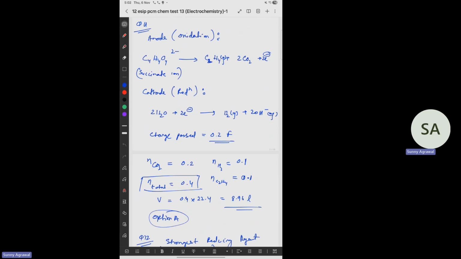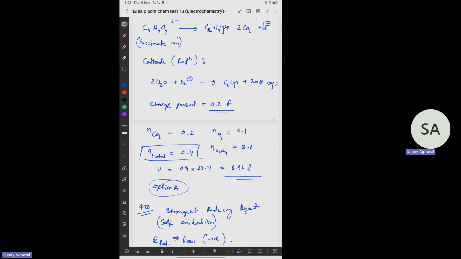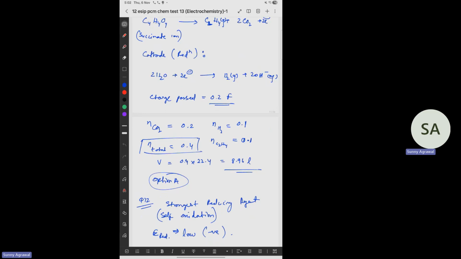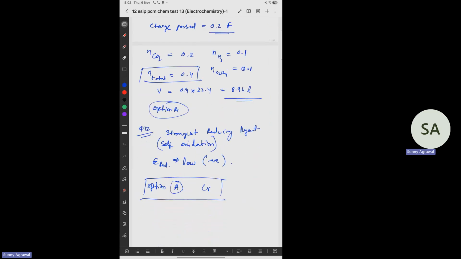Total gas released during the process will be 4 moles for 2 Faraday charge. But we have 0.2 Faraday, so total moles of gas released will be equal to 0.4 moles. And by multiplying it by 22.4, we get the gas in liters at standard condition. That will be equal to 8.96 liter.